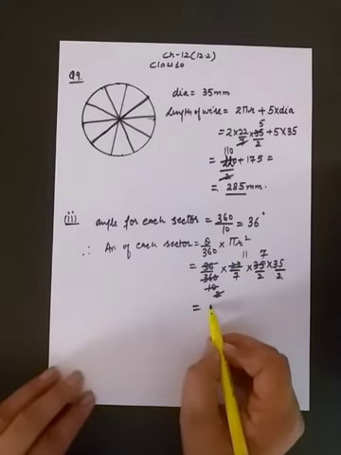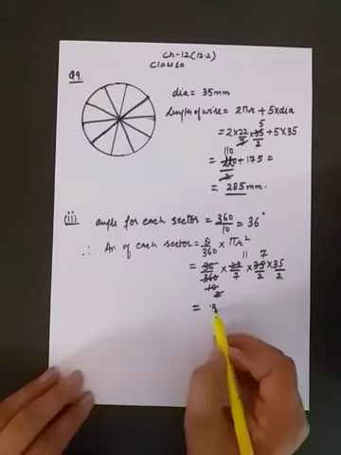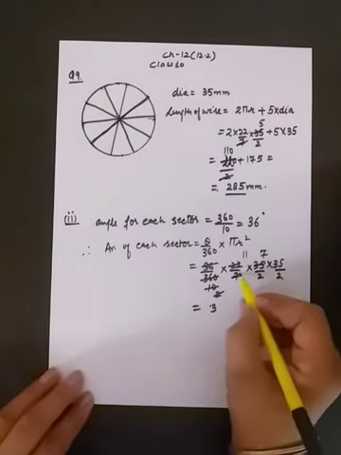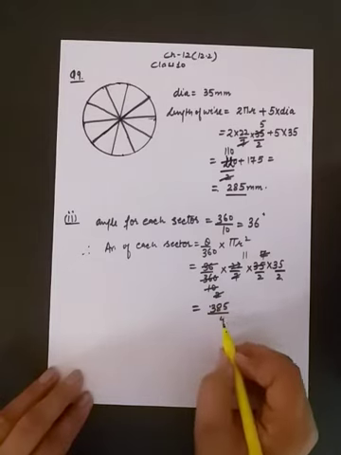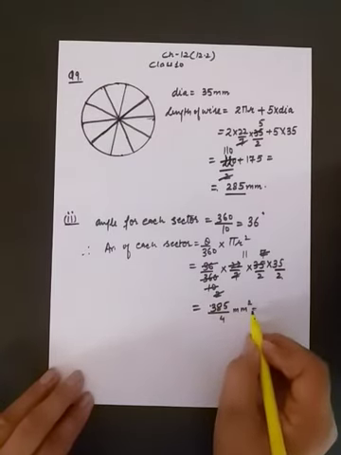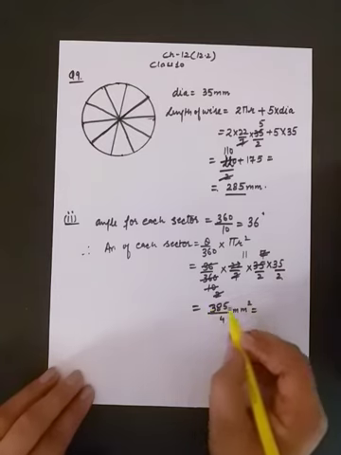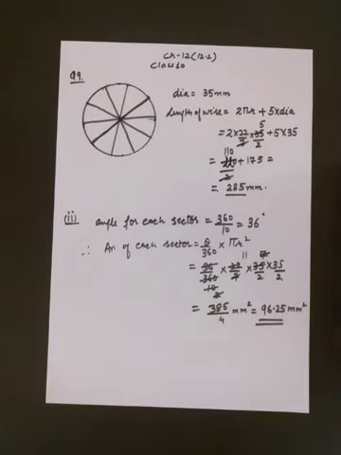So area will be 385 by 4 millimeter square. Now we can convert it into decimal. Area for each sector will be 96.25 millimeter square.